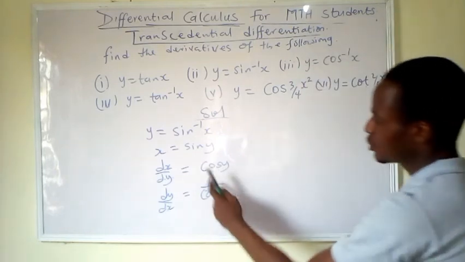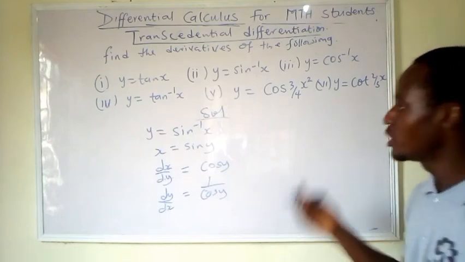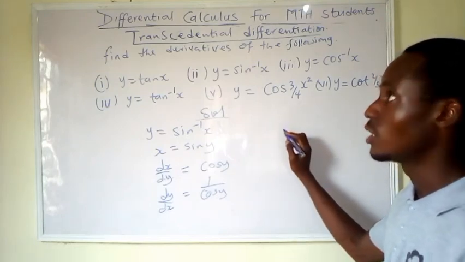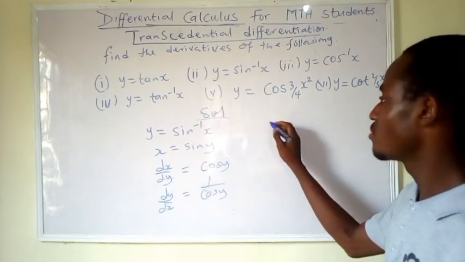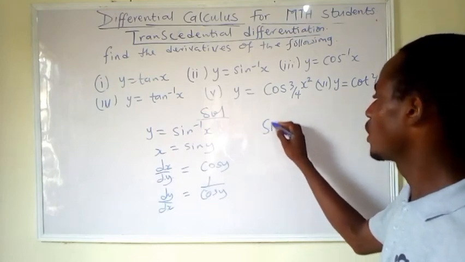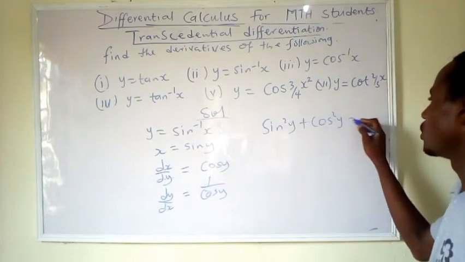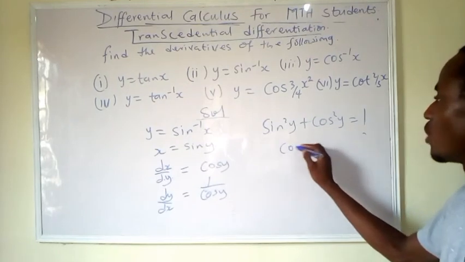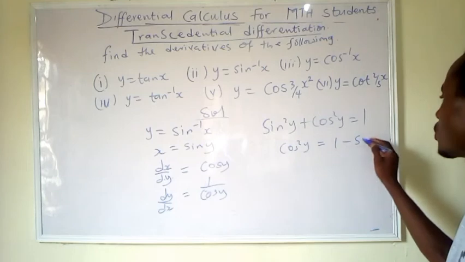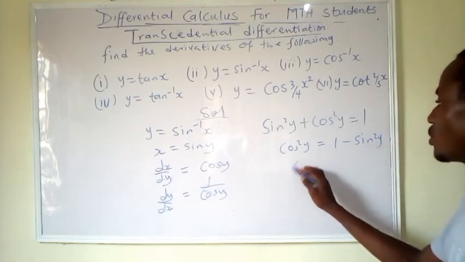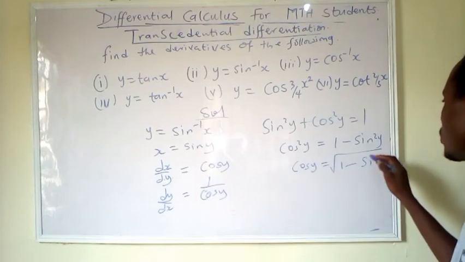So how can I change this expression from y to x? You believe me that in trig identity, sine squared y plus cos squared y is equal to 1. Cos squared y is equal to 1 minus sine squared y, and that means cos y will be the square root of 1 minus sine squared y.